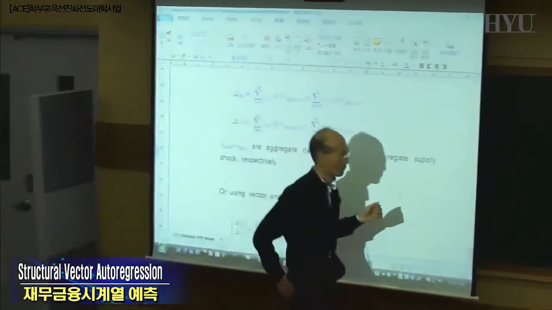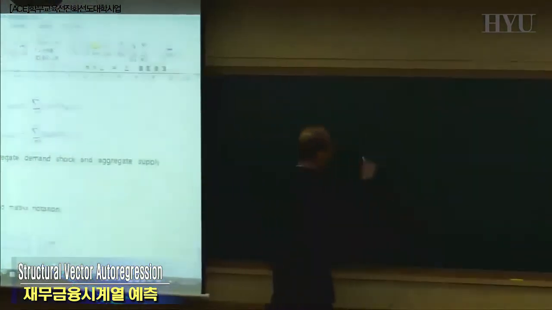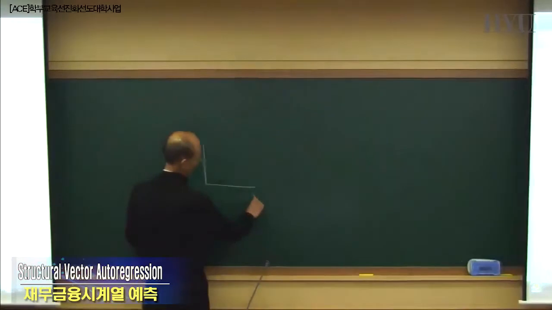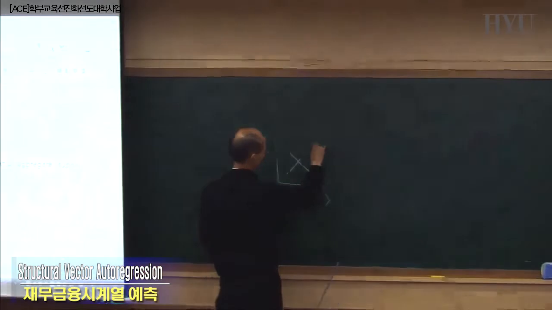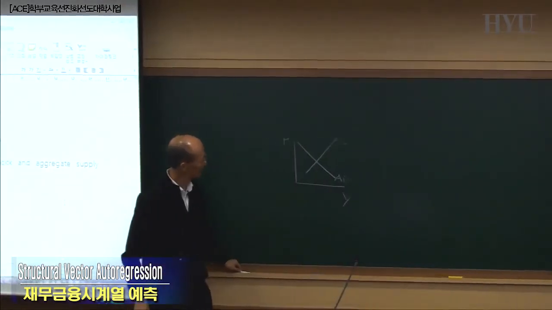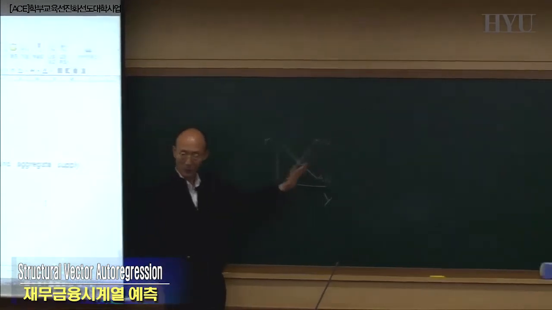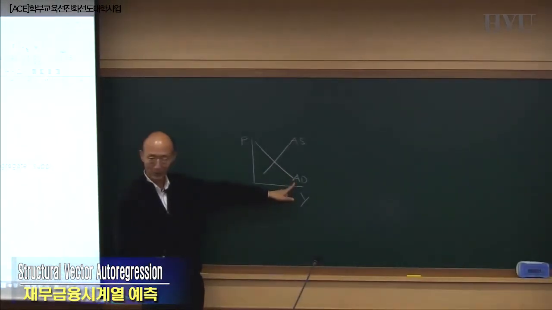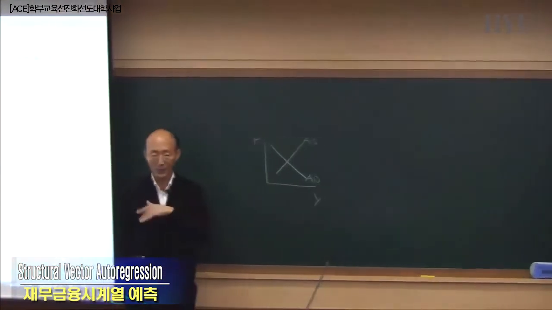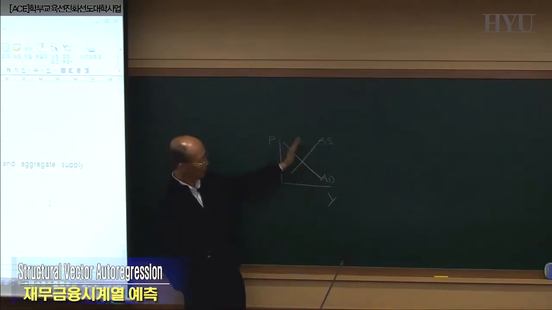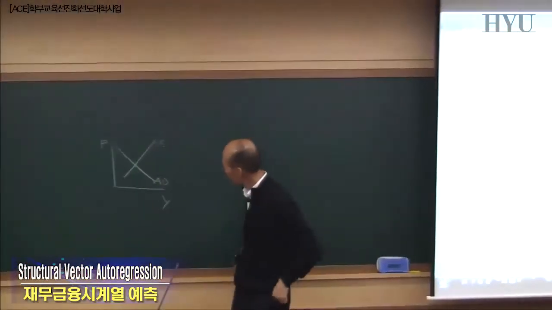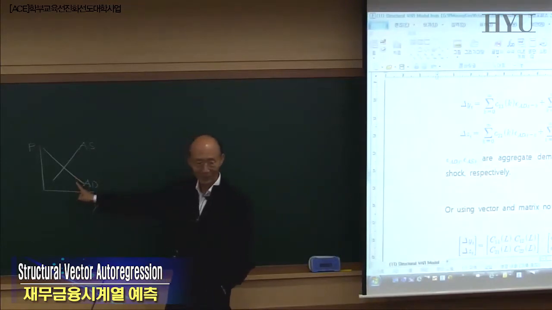Okay. In macro 101, typically you work with the demand and supply side of the economy in aggregate. And what we mean by an AD shock is something that changes the location of the demand curve. Every supply shock affects the location of the supply curve. You learned what determines this.